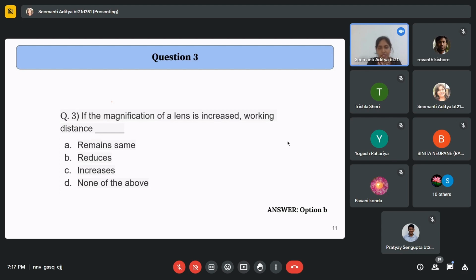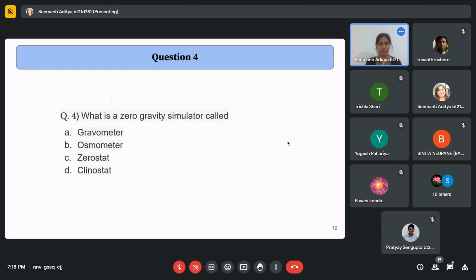The working distance means the distance between the objective and the specimen. So if the magnification is increased, the working distance gets reduced.